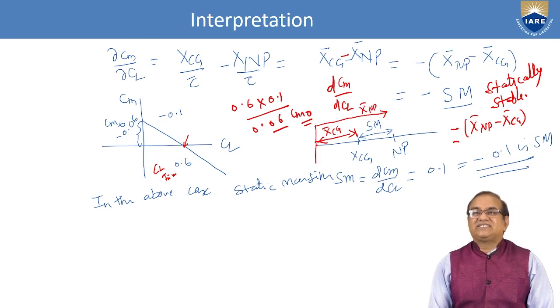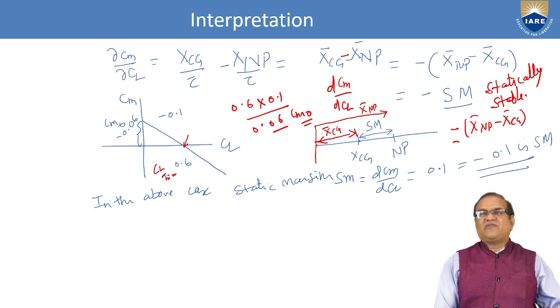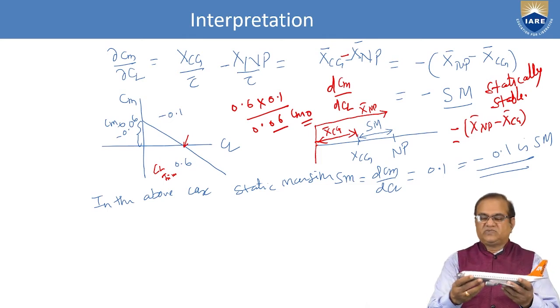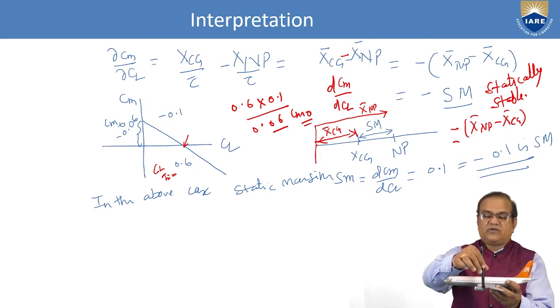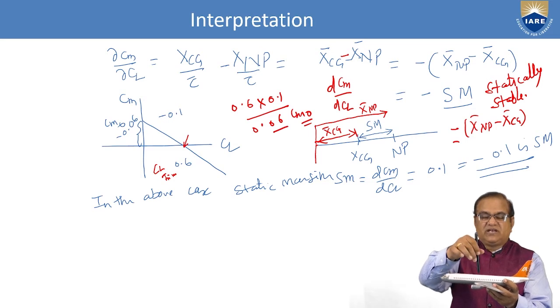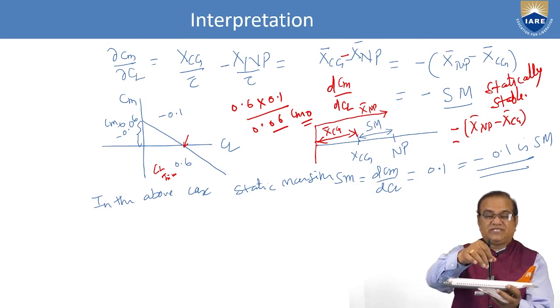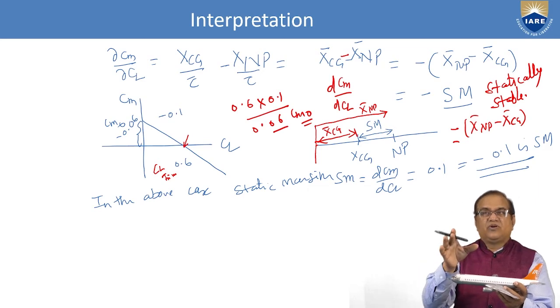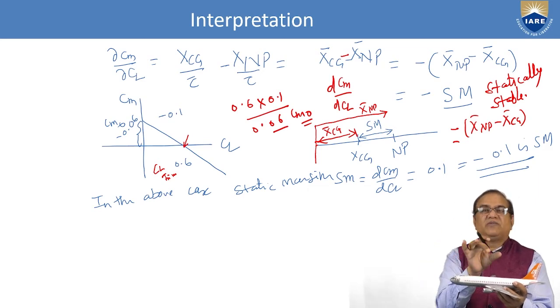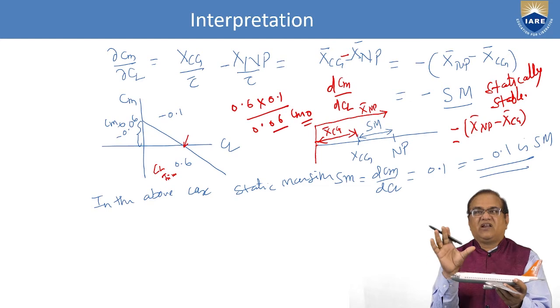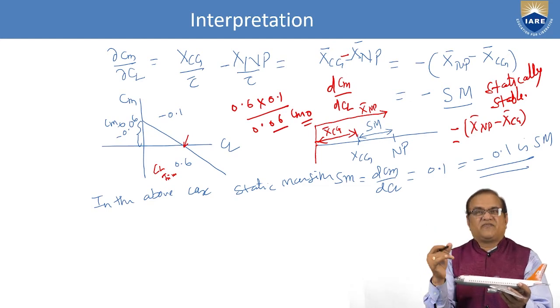We should understand that static margin is very important. If I look at this aircraft, here is the leading edge. If we compare from here, CG is here, NP is here, meaning the neutral point is behind the CG. So dCm by dCl will be negative, and static margin is always represented as a percentage of chord.